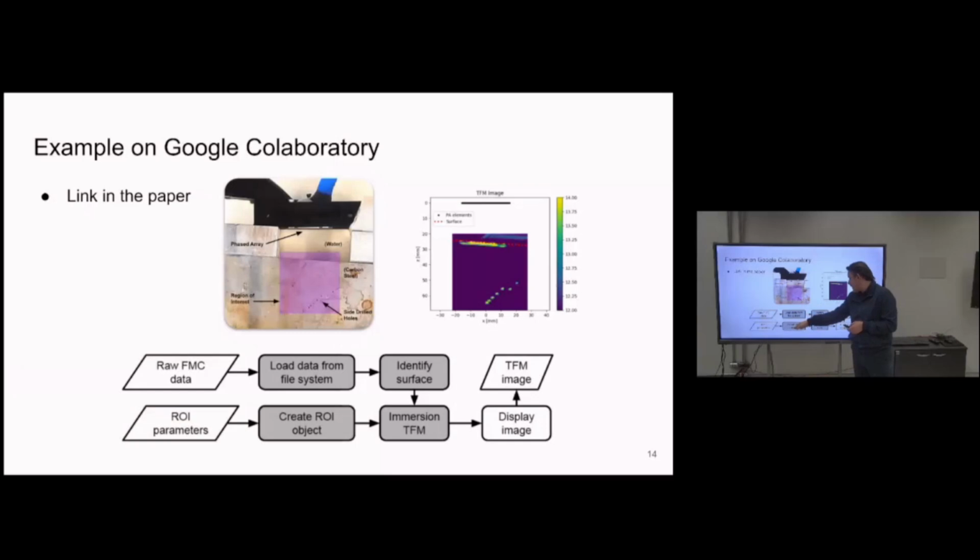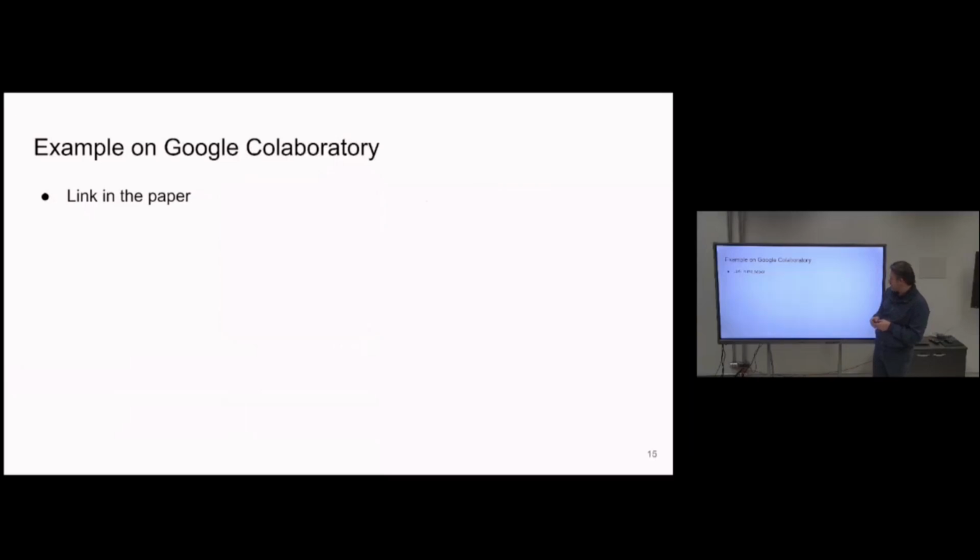Then we create a region of interest using the region of interest class, which is comprised in our library. And finally, we do the immersion total focusing method and create this image that is going to be displayed.